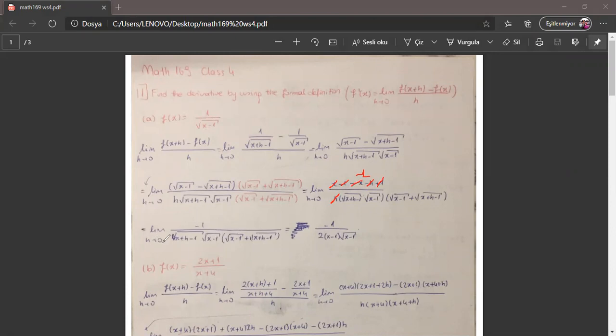Now we put h equals to 0 and here we have zeros, okay. So here we have minus 1 over square root of x minus 1, square root of x minus 1. So we have this, and square root of x minus 1 plus square root of x minus 1, and we have 2 square root of x minus 1. So we have this. Thus, the derivative of this function is this, just by using this definition, okay?